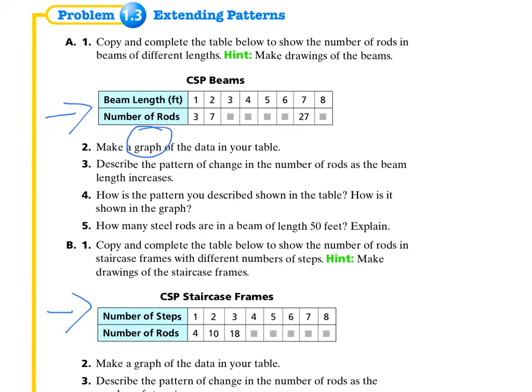They're looking for the rule or the equation for the situation so they could find the number of rods it would take for any length of beam. For example, in question 5 it asked for a length of 50 feet, and so on. In this unit of study, students are expected to express data in tables, graphs, and equations.